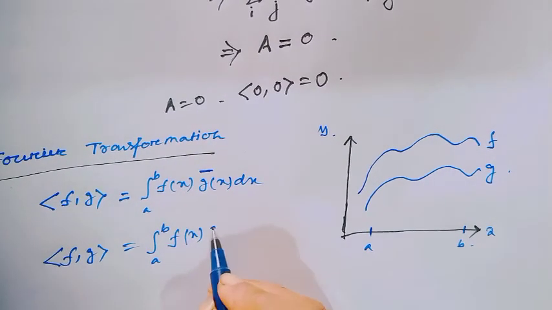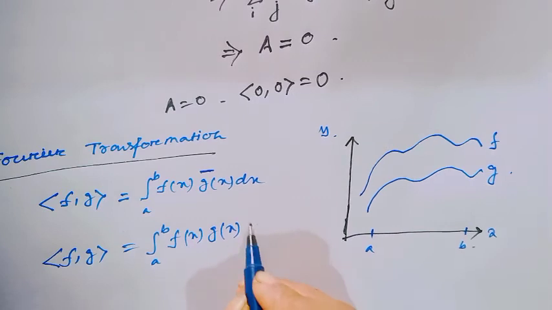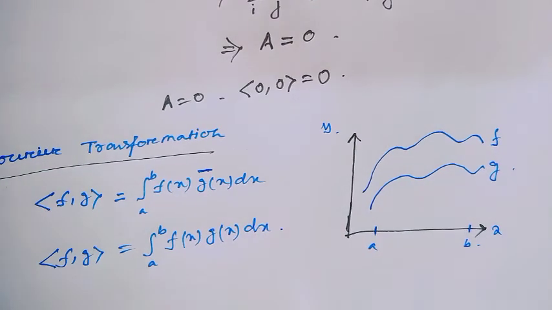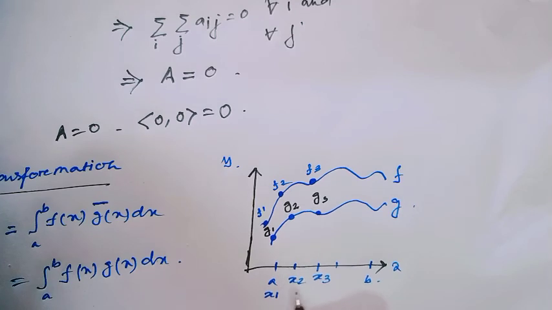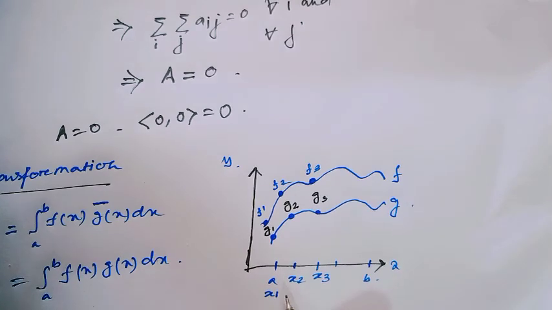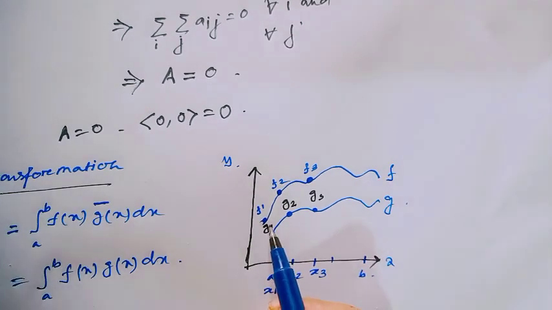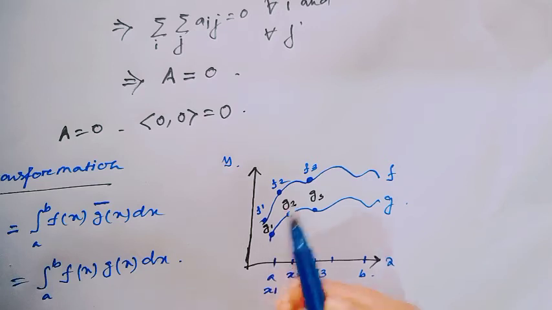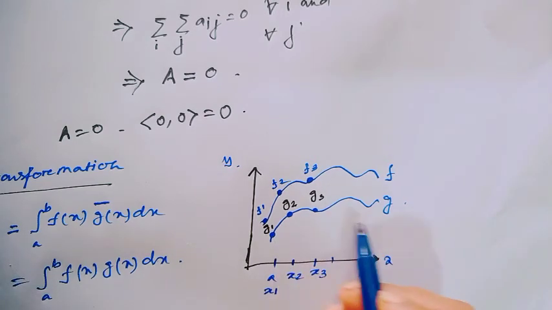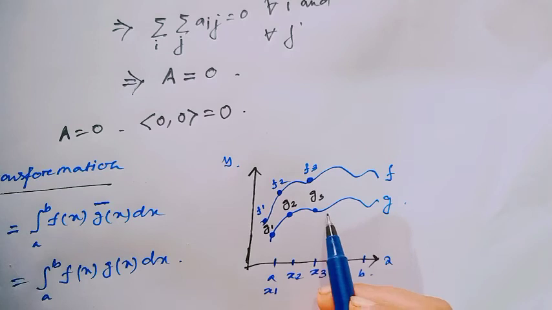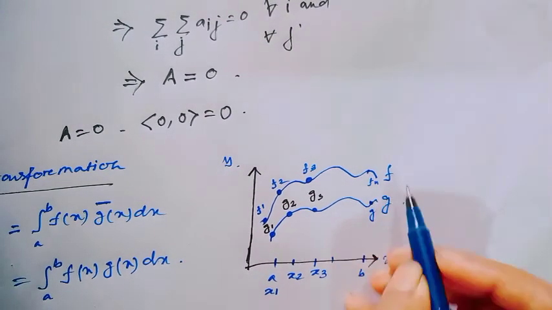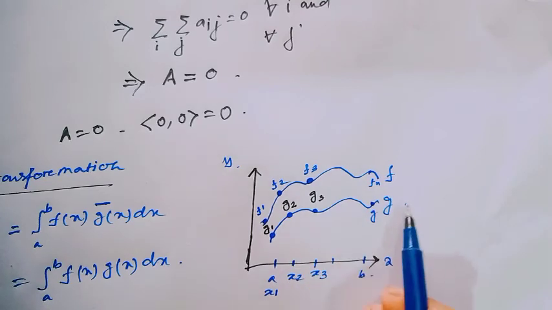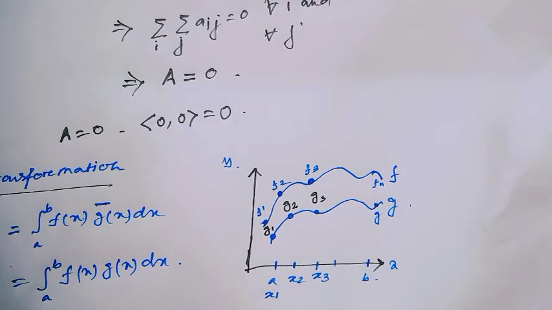I will check that this satisfies all conditions of an inner product. The vector is of this type. Consider the points x1, x2, x3, and at these points the values of the function f are f1, f2, f3, and also for g the values of the function are g1, g2, g3, and so on up to gn, and fn. Now consider these discrete points as a vector.